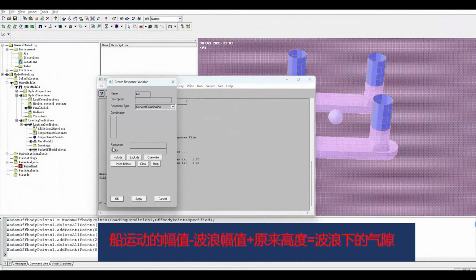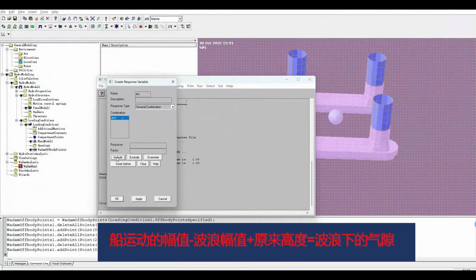After changing it to the third one, on the response side, we need to enter MOT, which is the one you just created, the one for P1. The motion of P1 moves in the z direction, which means your ship is moving in the z direction. We set its factor to 1 and include the performance.